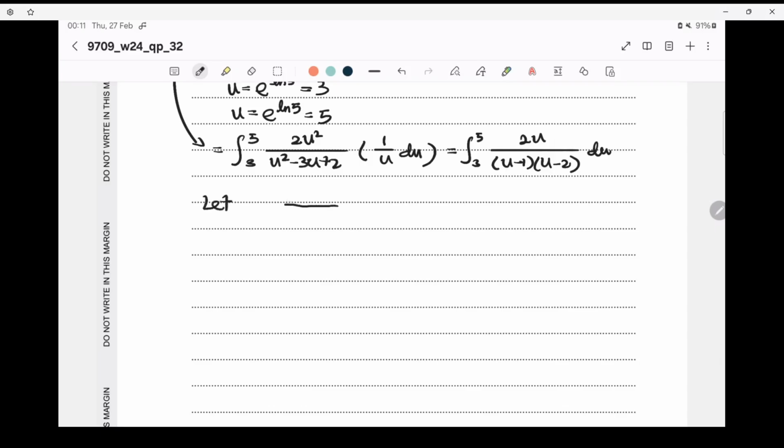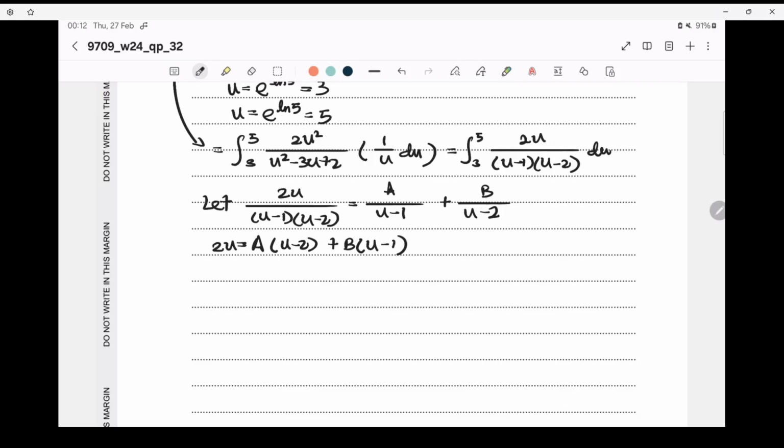You let 2u over (u minus 1)(u minus 2) equal A over (u minus 1) plus B over (u minus 2). So 2u equals A(u minus 2) plus B(u minus 1).